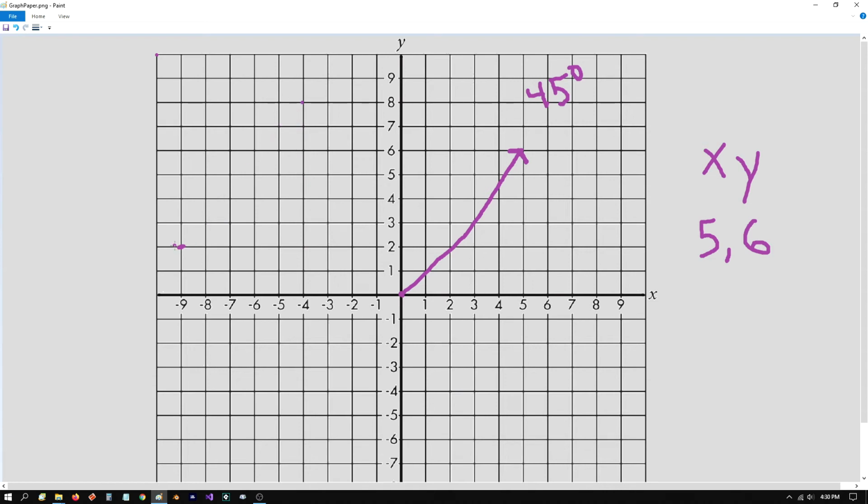So I could connect those, and this vector here is identical to this vector. It's got the same run along the x-axis and the same distance along the y-axis.